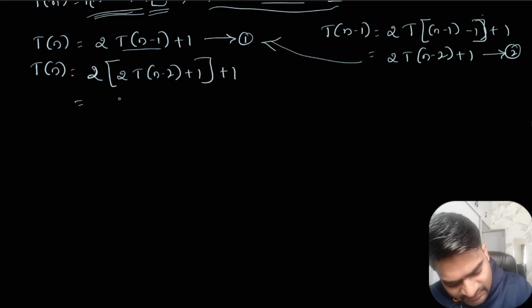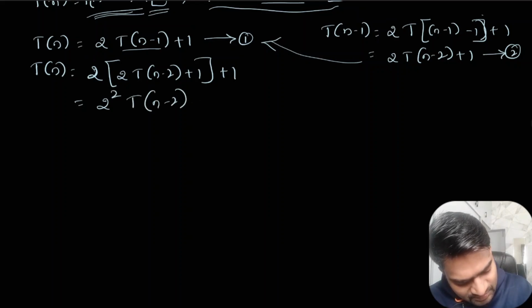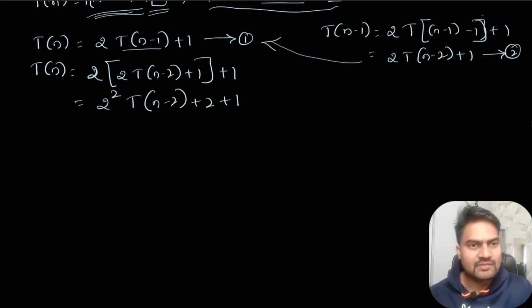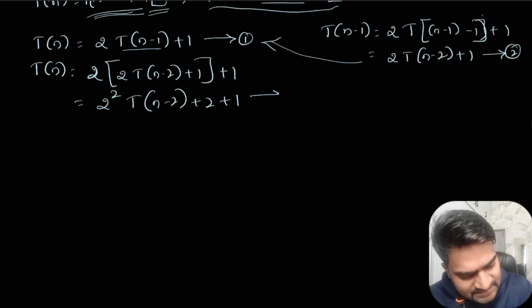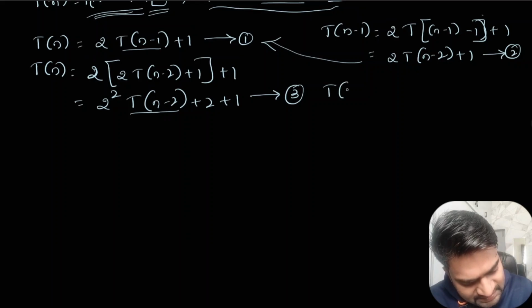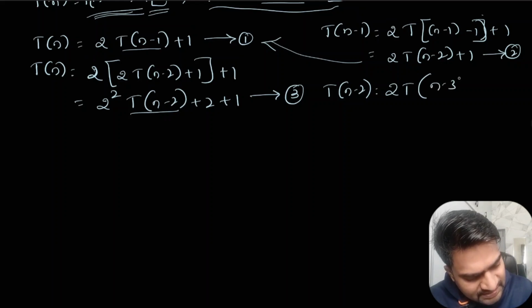Now if we simplify this, 2 into 2, 2 square, T of n minus 2 plus 2 plus 1. Let's call this 3. Now again we need T of n minus 2. So that will be 2 into T of n minus 3 plus 1. How?